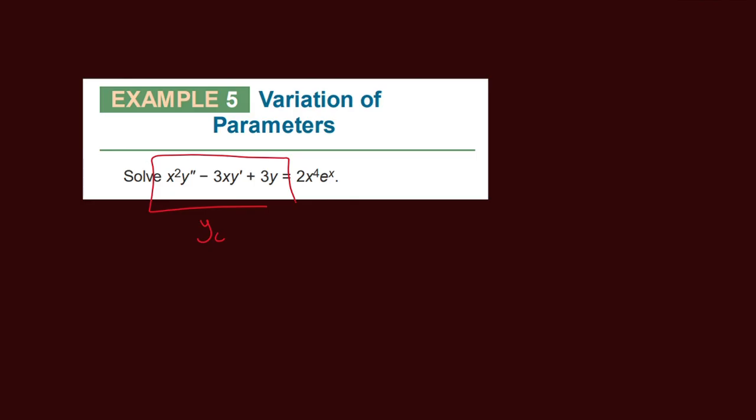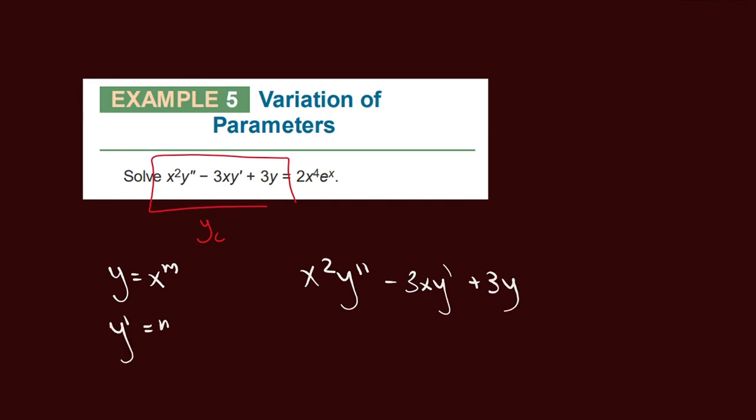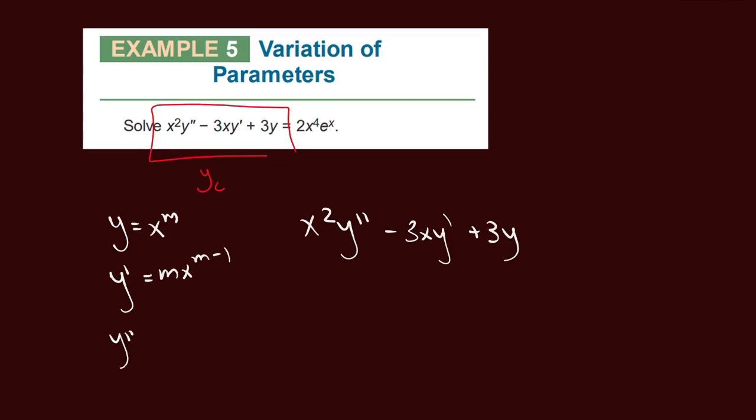For yc, we can't just factor this because of the x's, and we can't factor them out easily. So what we're going to do is set y equal to x to the power of m. So let's set x squared y double prime minus 3xy prime plus 3y. Set y prime to be m x to the power of m minus 1, and y double prime will be the following.